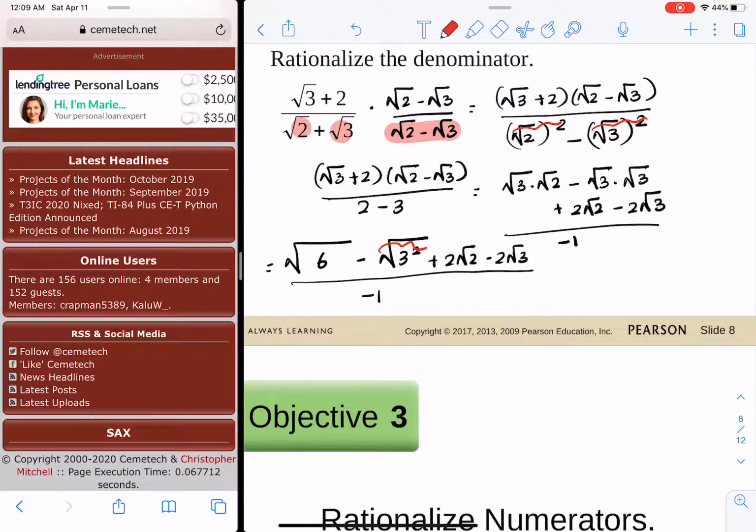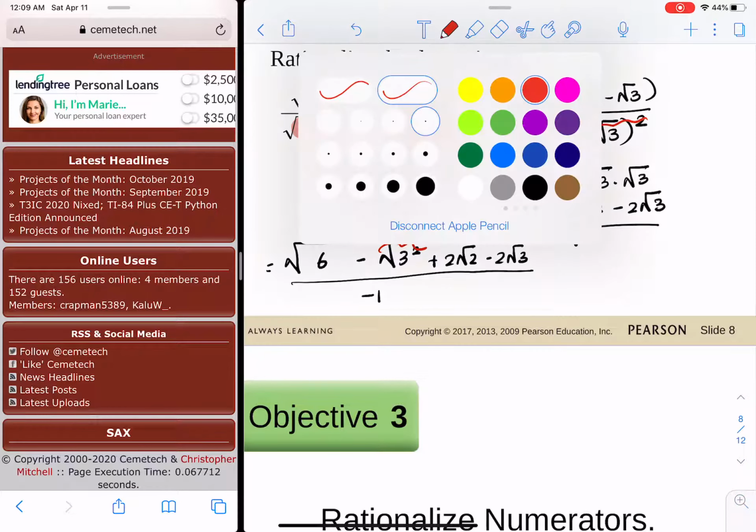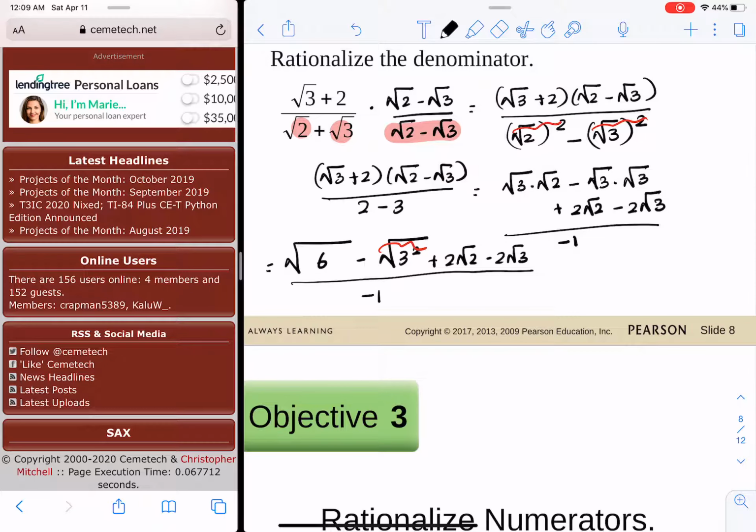The root and the squared would go away, which would give us root 6 minus 2 root 2 minus 2 root 3, plus 2 root 2, divided by negative 1, which is the same as saying negative 1 times square root of 6 plus 2 root 2 minus 2 root 3.